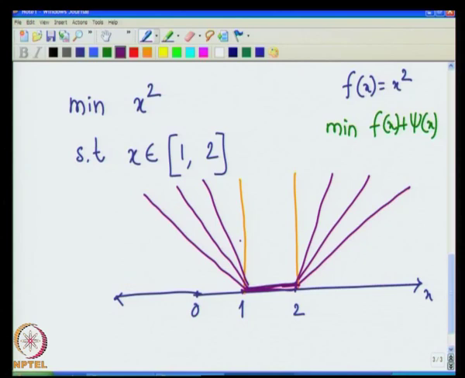Initially, suppose we use this function, then we use this function in this direction, and finally we will get a function which is very close to the function psi x that we are looking for. Now, this is one approach, which is called the penalty function approach.